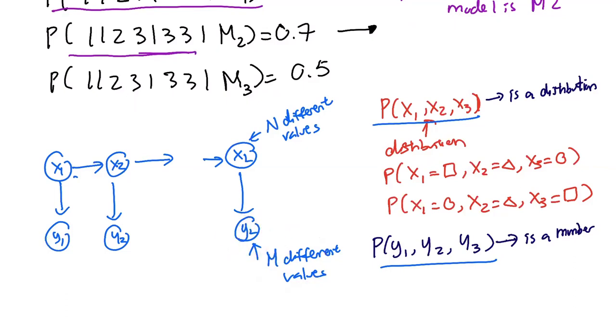So every time, at y2, even if the state stays the same, the observation might be different, because it's not guaranteed that if you get a triangle as the state, you will always observe a particular output. There is some non-zero probability of getting a different observation than the previous time.